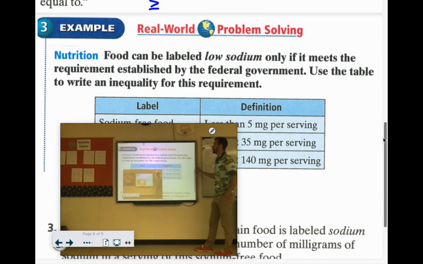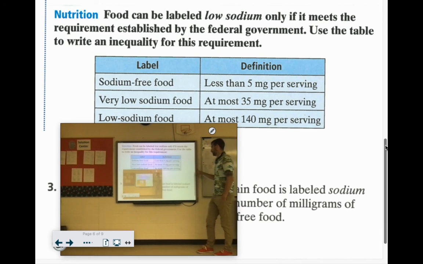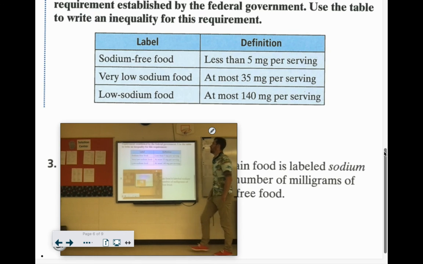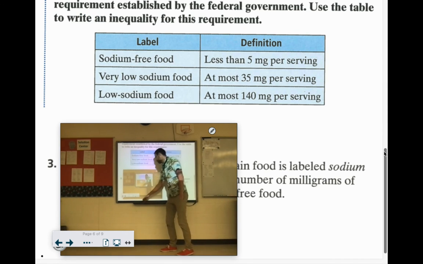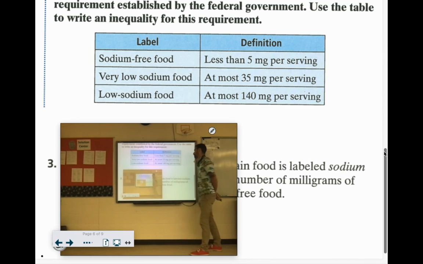Food can be labeled low sodium only if it meets the requirement established by the federal government. Use the table to write an inequality for this requirement. Low sodium. All right, let's write them for all of them. Sodium free has less than 5 milligrams per serving, so let's say x is less than 5.